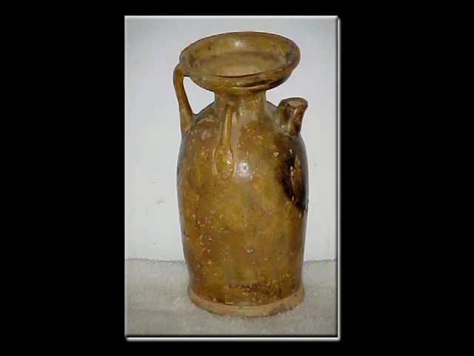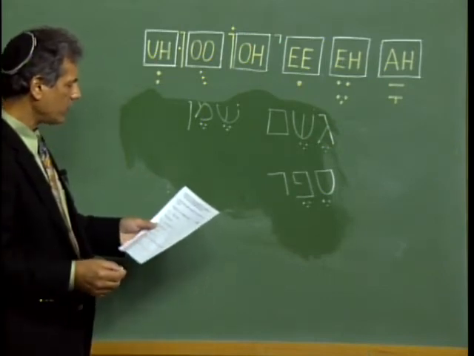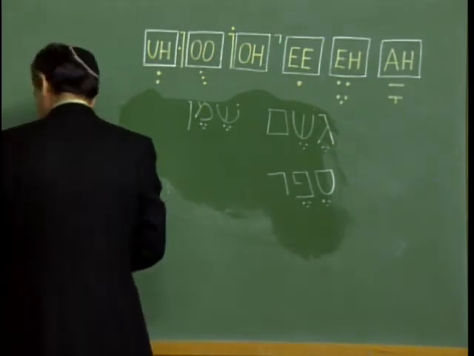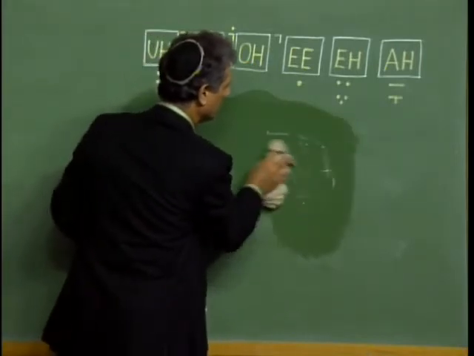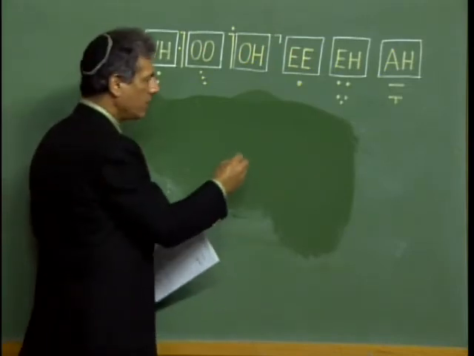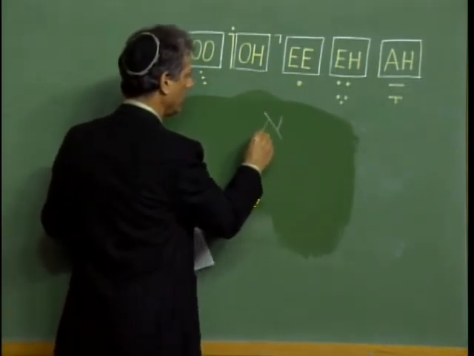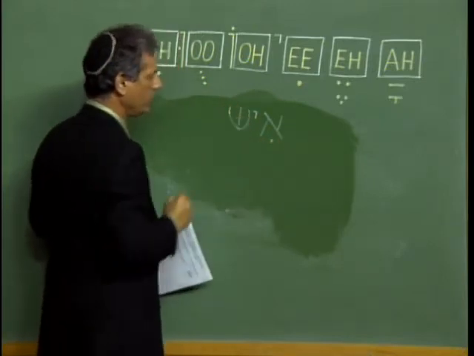So you can see how these play. For the E sound, we have Ish. And Ish is a man. Ish is a man. And it has the E sound underneath.